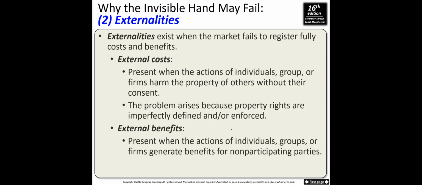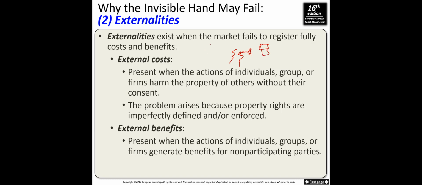The second one is externalities. So what is externality? Externalities exist when the market fails to register fully costs and benefits. Let me give one example. Let's say there is a village and villagers get their income from fishing, okay?